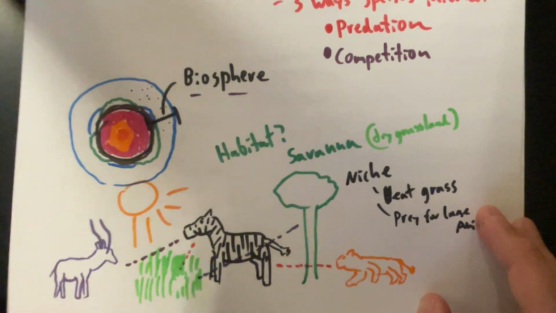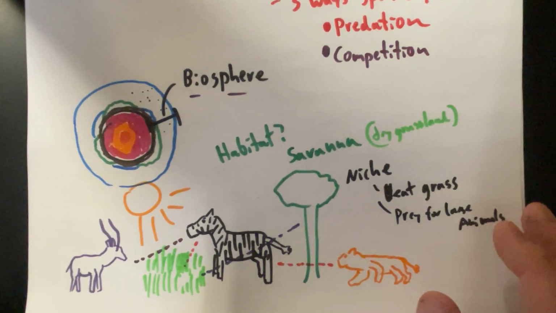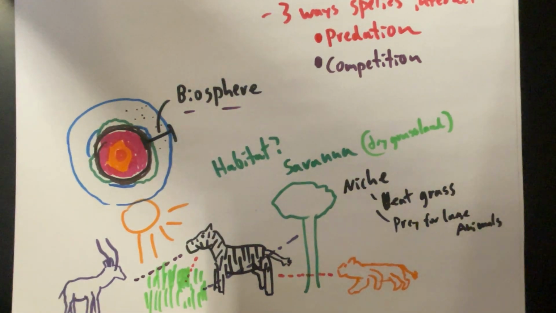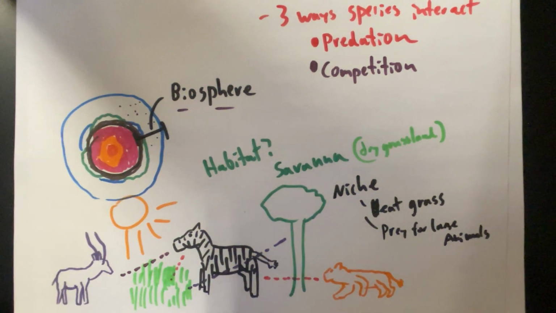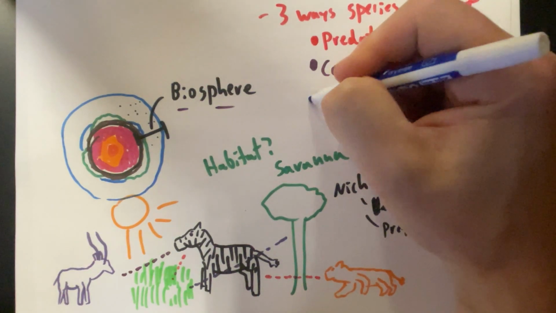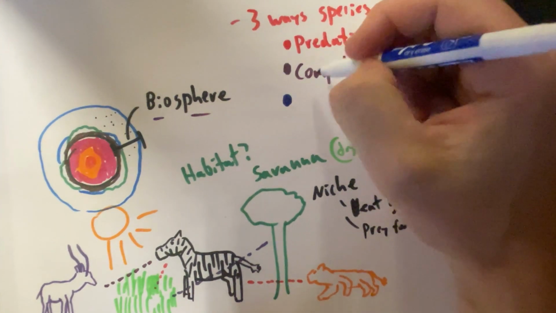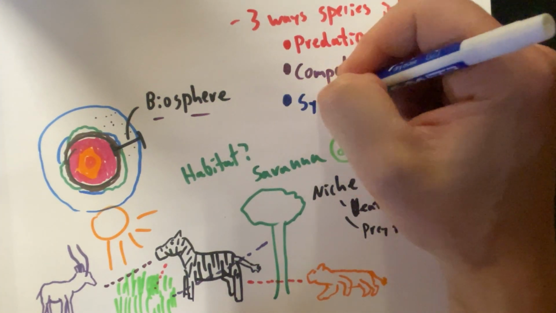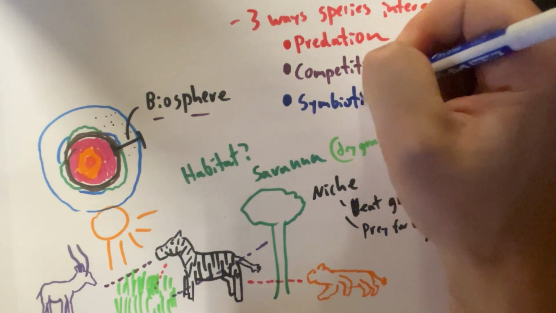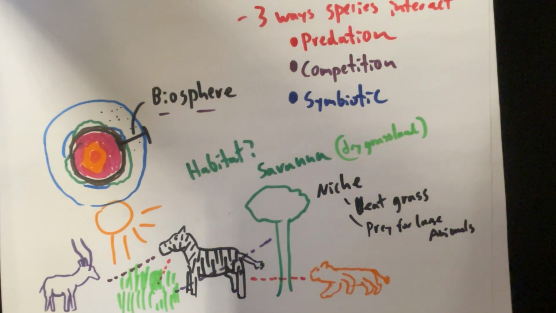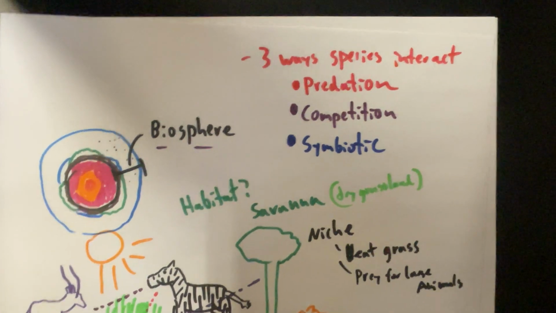Donkeys. Okay, we're gonna switch to a new page for the third one, and we'll draw it in blue, I guess. Predation, competition, and then the third one is called a symbiotic relationship. We're gonna write this on a new page, so don't worry.